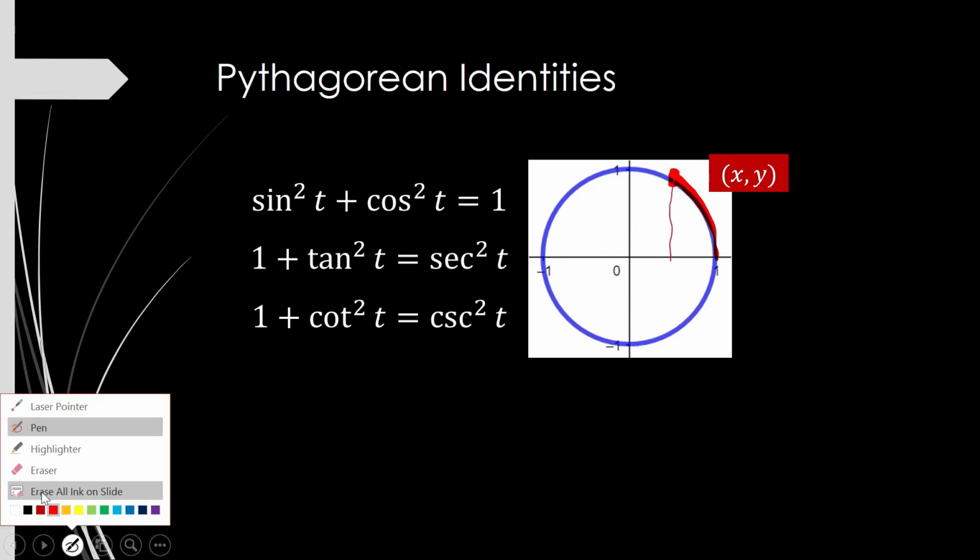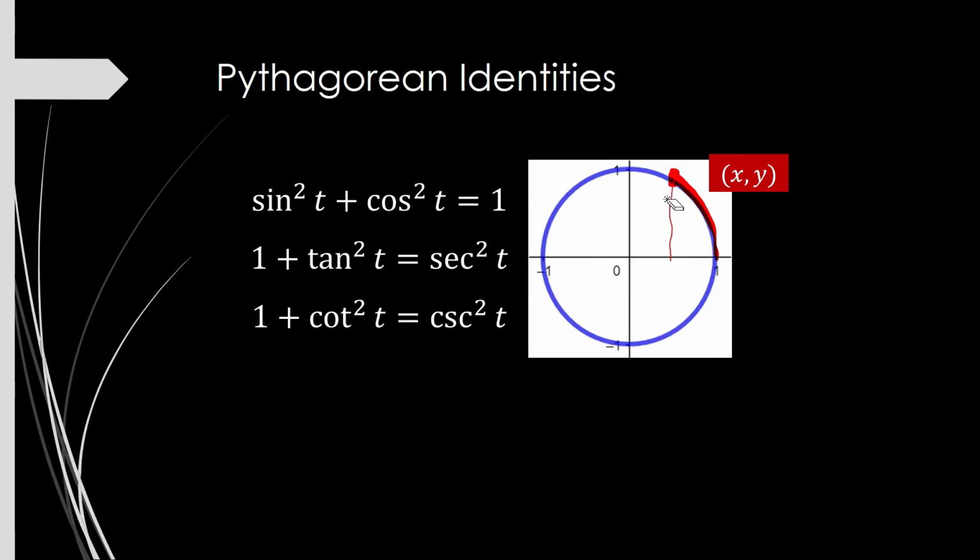That endpoint actually defines a right triangle with legs x and y. This is the vertical leg, and the length of that leg is y. The length of this one is x. And this one is the hypotenuse, which is the same as the radius of your circle.